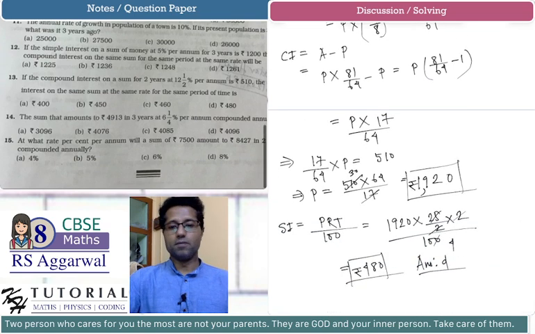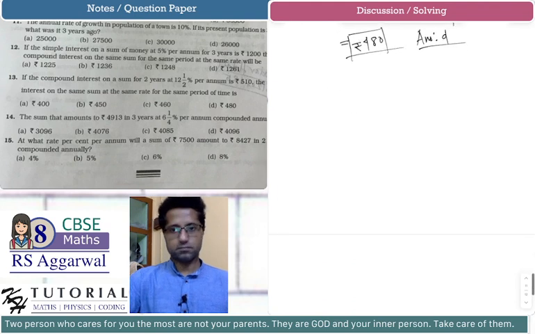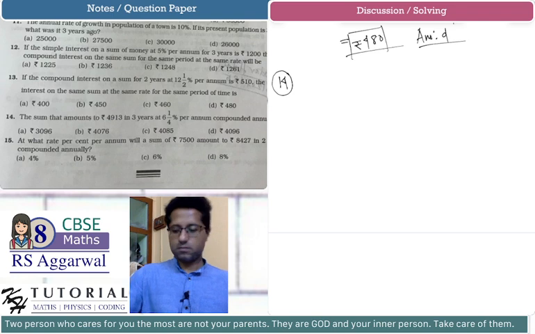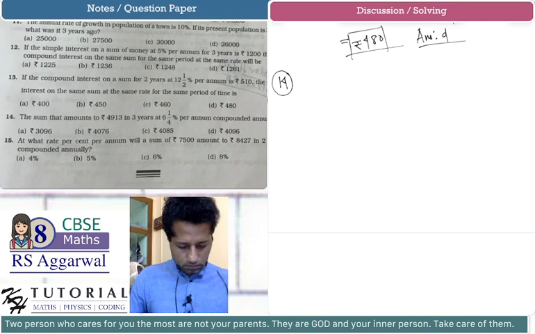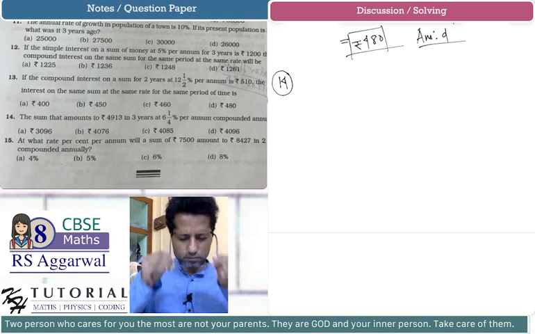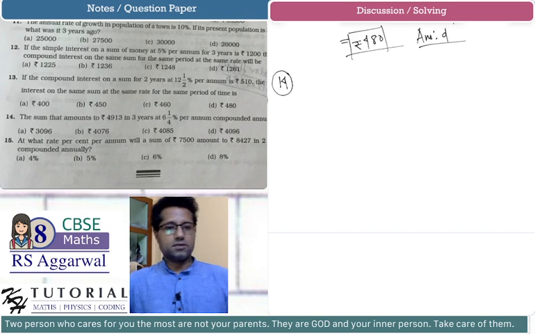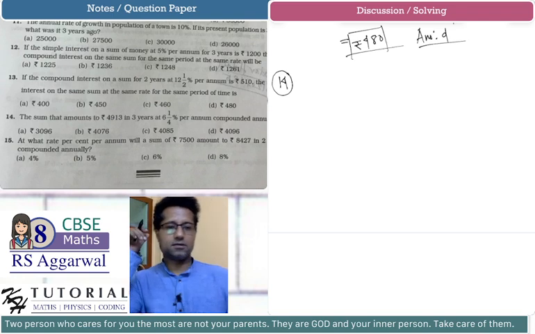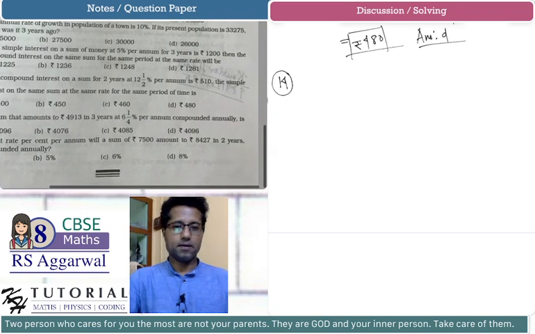Okay, let's do problem number 14. The sum that amounts to rupees 4,913 in 3 years at 6 and 1/4% per annum compounded annually is the sum.